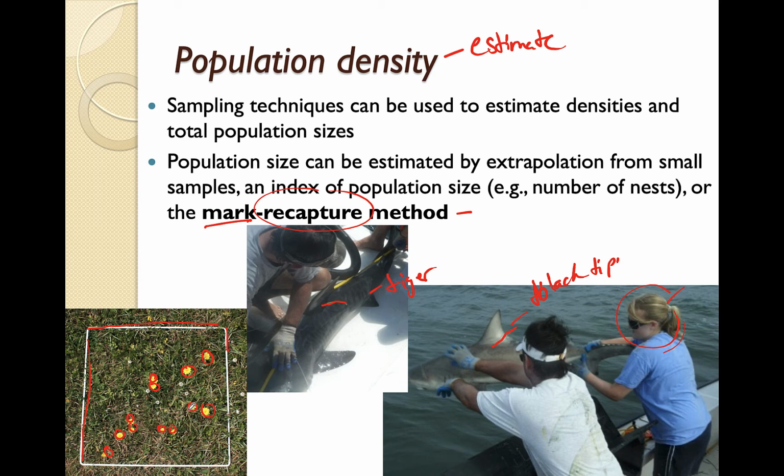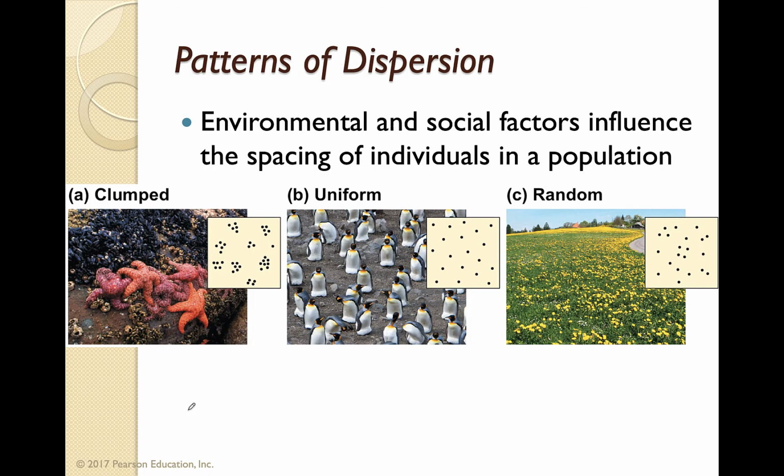And so what they would do is they would send in that data to us, the researchers, and we would note that that shark got caught again. And there are complex equations that estimate, based on the number of sharks caught and recaptured, how big that total population is.